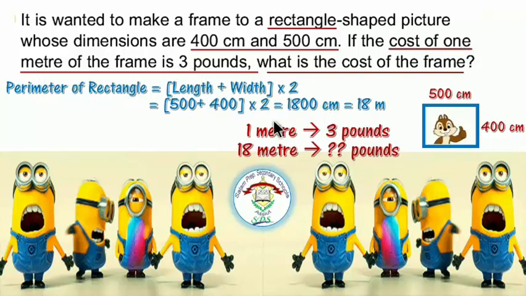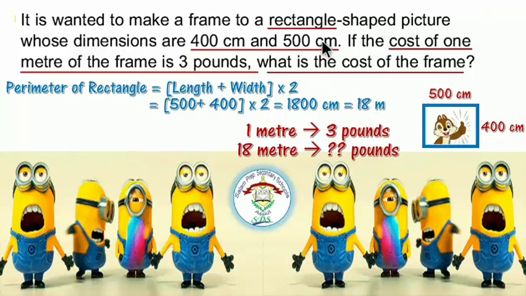So we need to convert the centimeters to meters to know the length of the picture's frame. Perimeter means the length, okay? Because our picture is in the form of a rectangle, we find the perimeter of the rectangle. Perimeter of the rectangle means the length of the frame, in meters equals 18 meters.